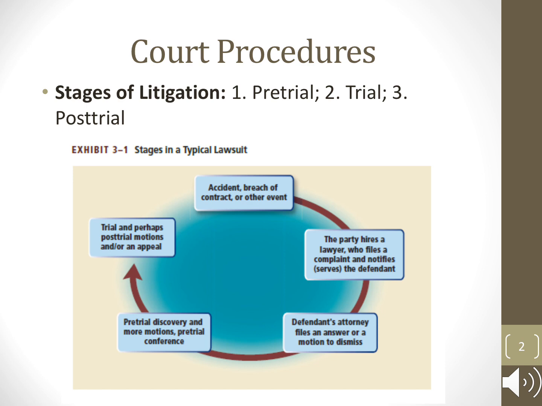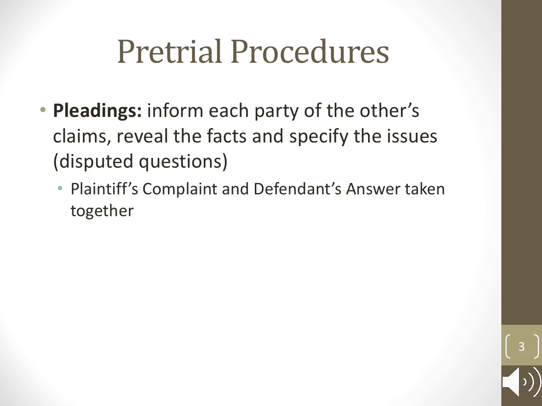So that's where we then have the evidence presented. There's a jury. The jury is going to render a decision. There may be some motion work here after the trial verdict, and then ultimately there could be an appeal. We're going to break down further those stages of litigation, starting with the pretrial process.